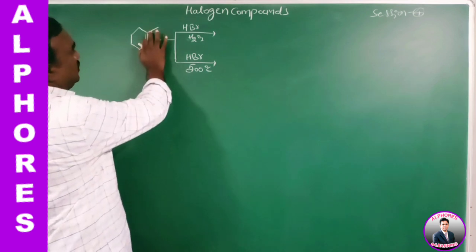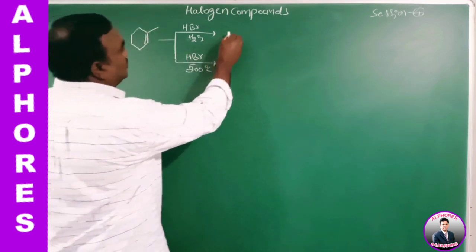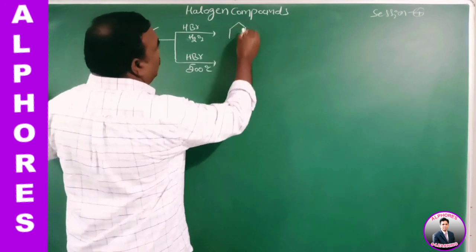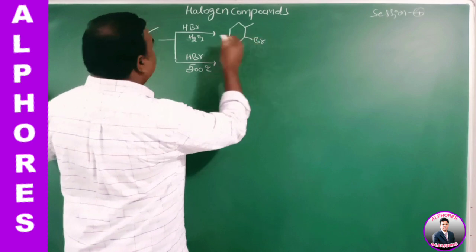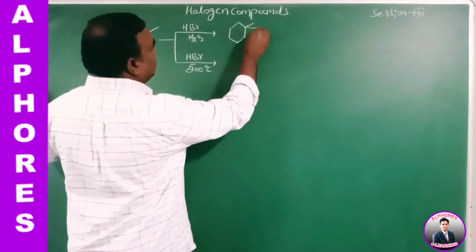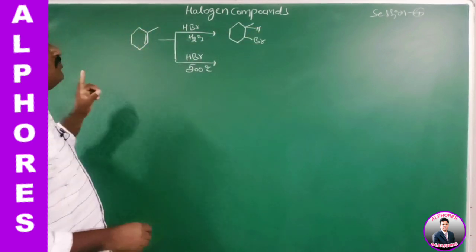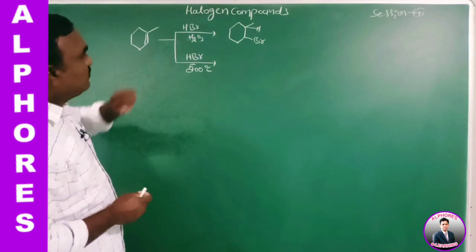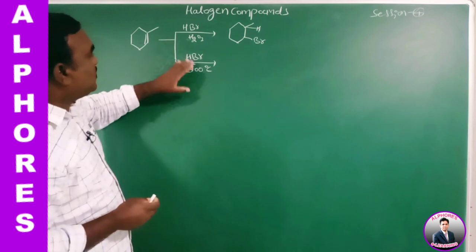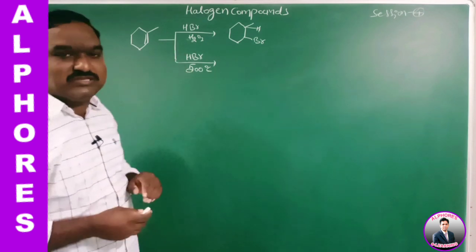Here no hydrogen, here one hydrogen. So the bromine is added here only, and hydrogen is added here only.